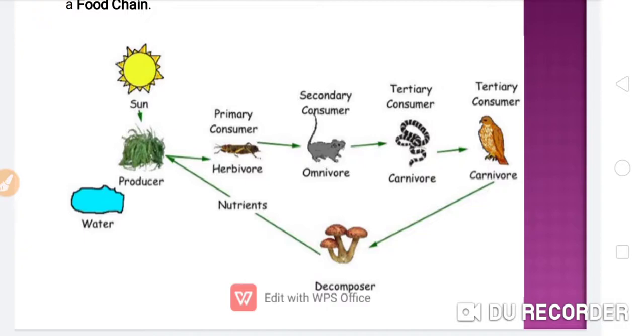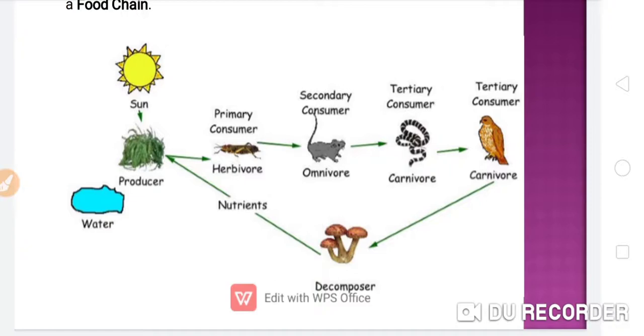In this figure you can see clearly that there is green grass, and this green grass is fed on by the herbivore, and the herbivore is fed on by the omnivore, the mouse, and the mouse is eaten by the carnivore, the snake, and this snake is eaten by the carnivore, the eagle. After some time the eagle dies, and its body is decomposed by the decomposers, the fungi.